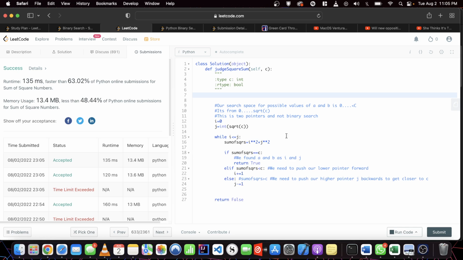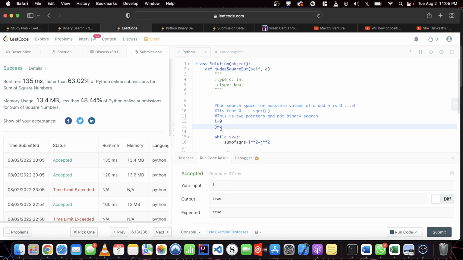The one thing I don't understand is why it didn't work when we set j this way. We should have just set it to c, and it would have worked for case 1, because when you do c minus 1, you don't consider the fact that 1 may equal 0.